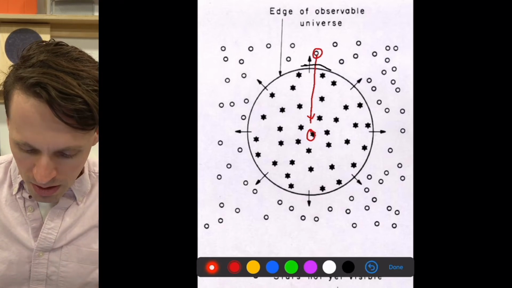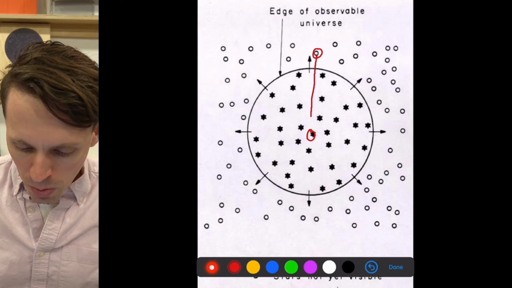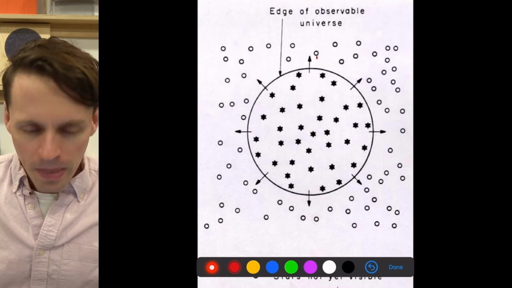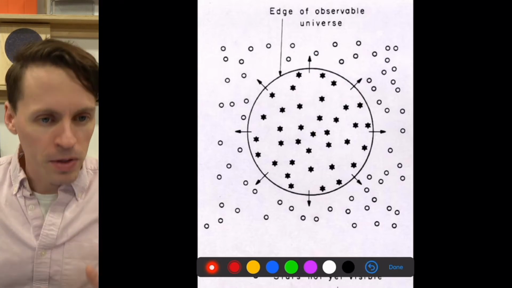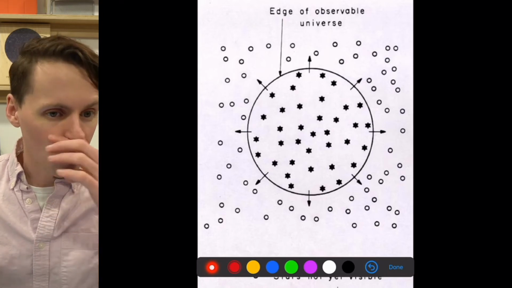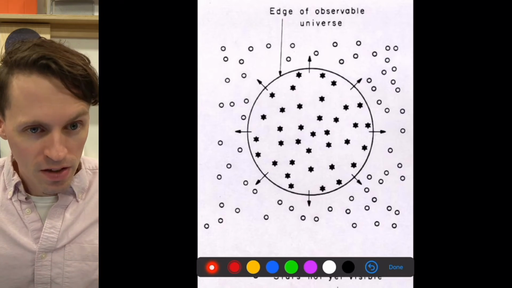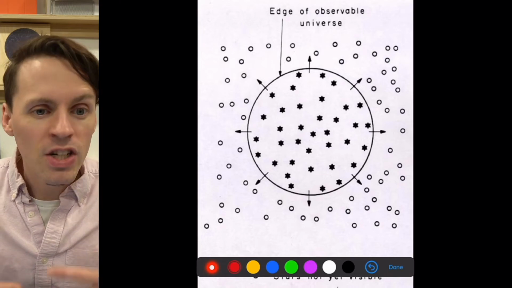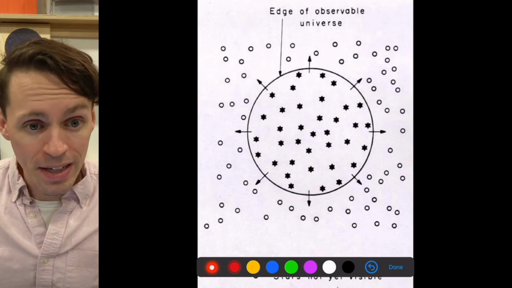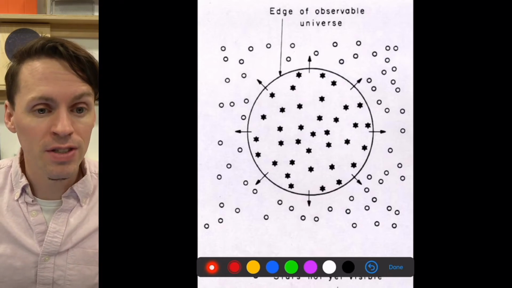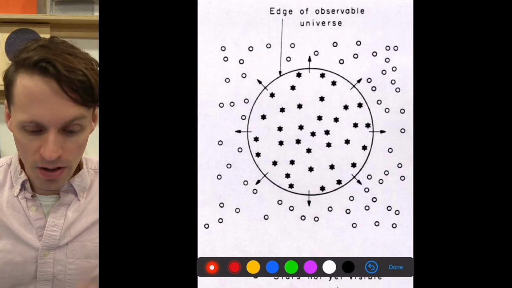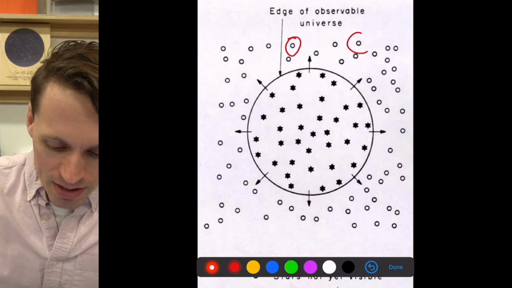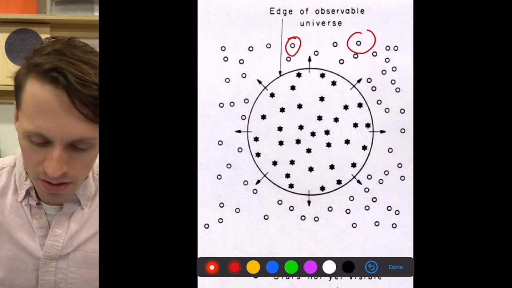So what this is showing us is that we have something called an observable universe, which is as far as we can see, because the light takes time to reach us. So the universe can still be infinite. We just don't have access to all of it yet. Our observable universe is finite, but the universe itself has objects out there that we're waiting for light to reach us.